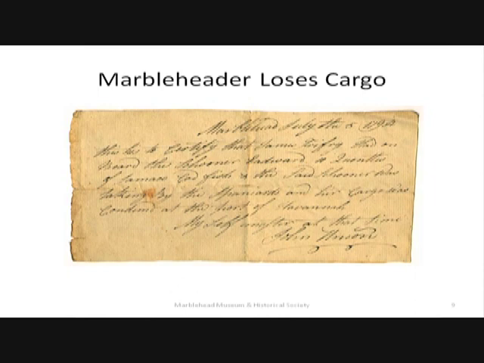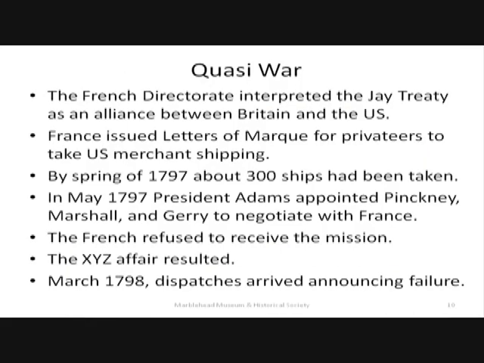This is the real thing of the time. The Quasi-War. The problem is when we signed the Jay Treaty, the French Directorate, which was the revolutionary French government, interpreted it as an alliance between Britain and the US.